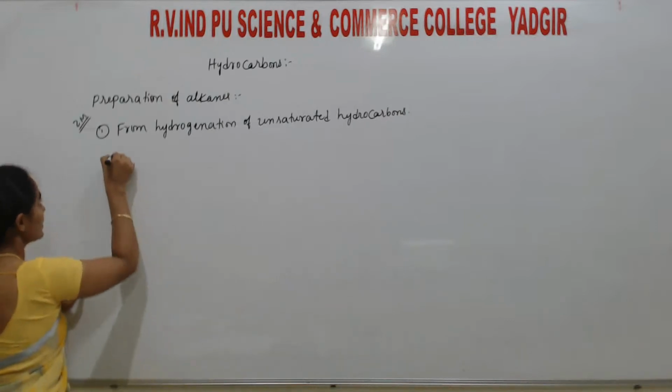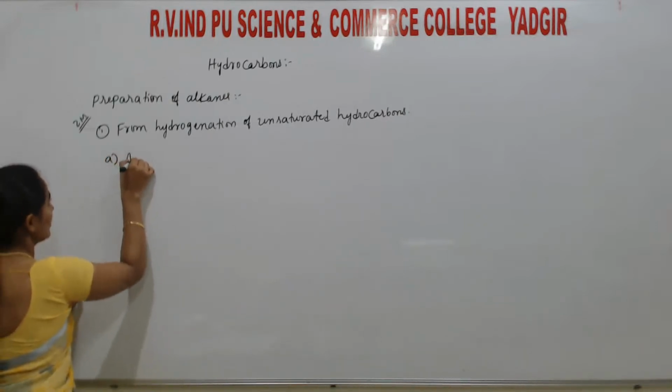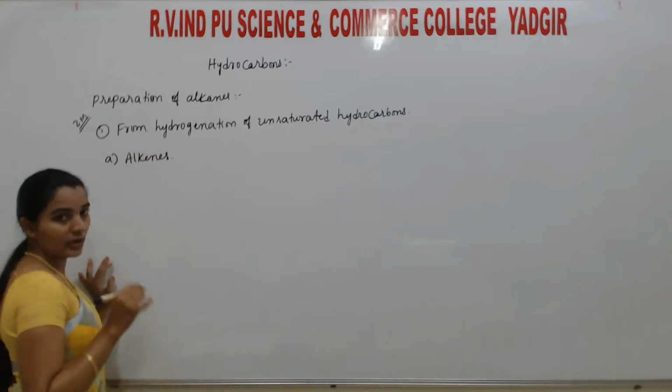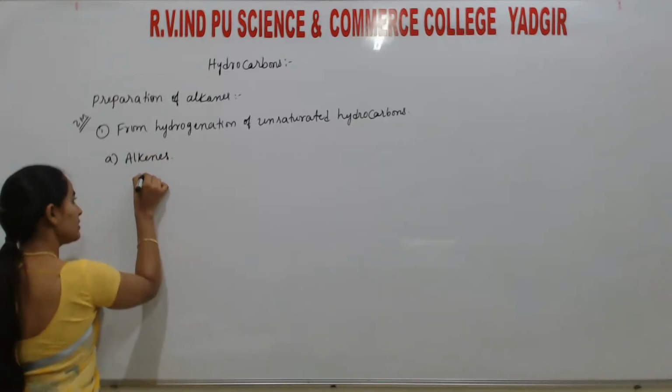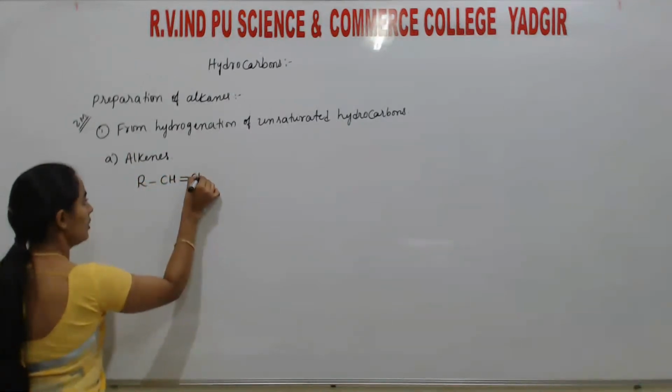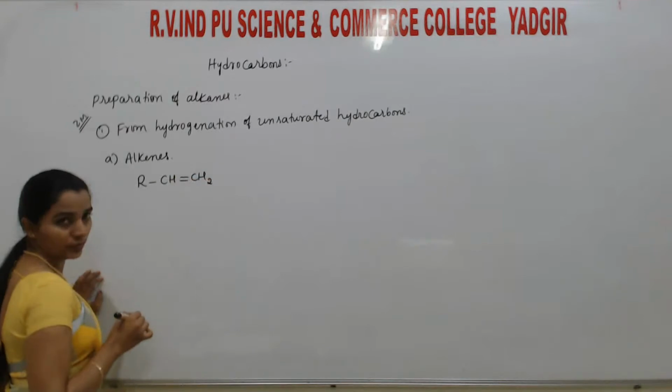So initially I will take alkenes. Okay, so students listen. I'll take the general formula RCH double bond CH2.